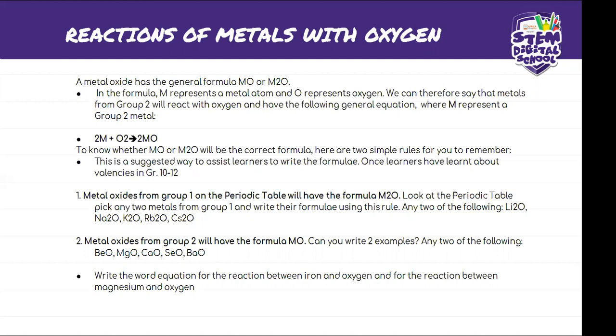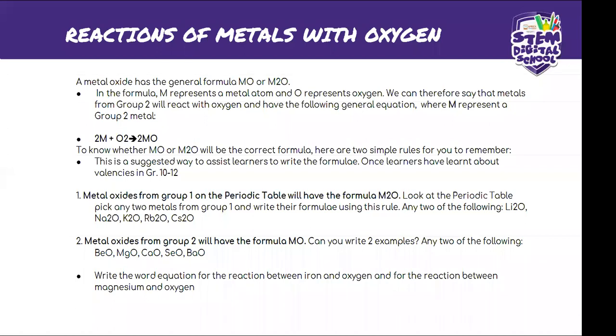Metal oxides from group 1 on the periodic table will have the formula M2O. Look at the periodic table. If you have it around, pick any two metals from group 1 and write their formula using this rule.